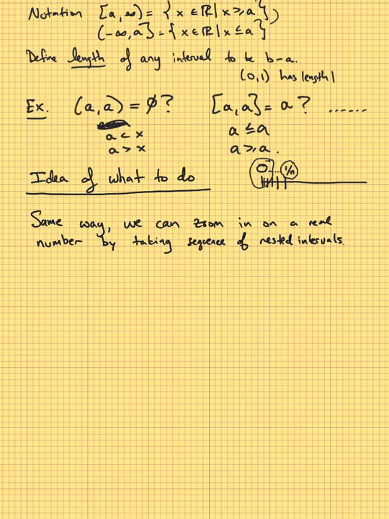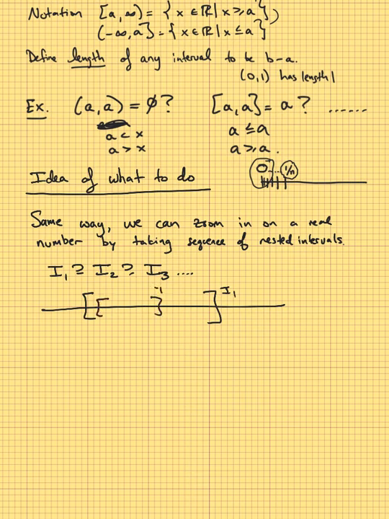In particular, I'm going to look at an interval I1, which contains I2, which contains I3, and so on. What this looks like is we start with one interval, then we take another interval, then a third one inside, and we just let this process continue.